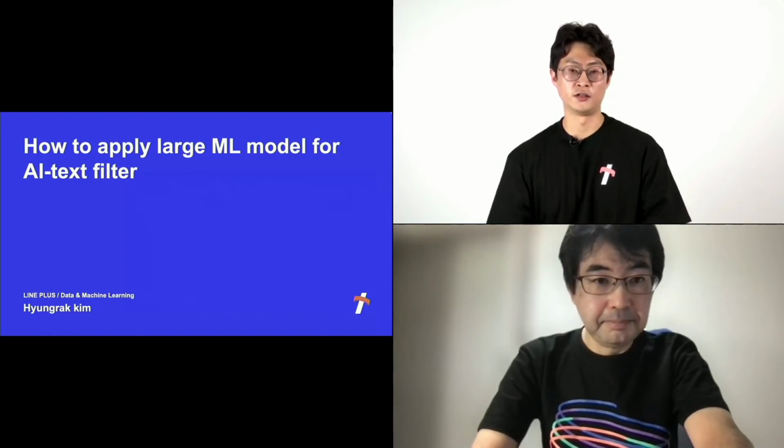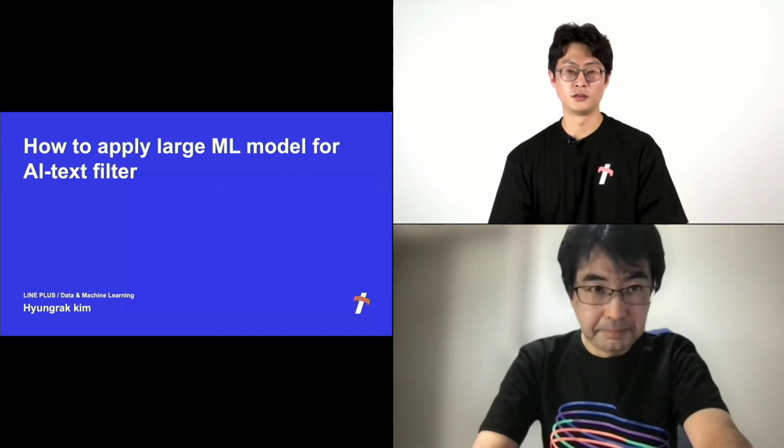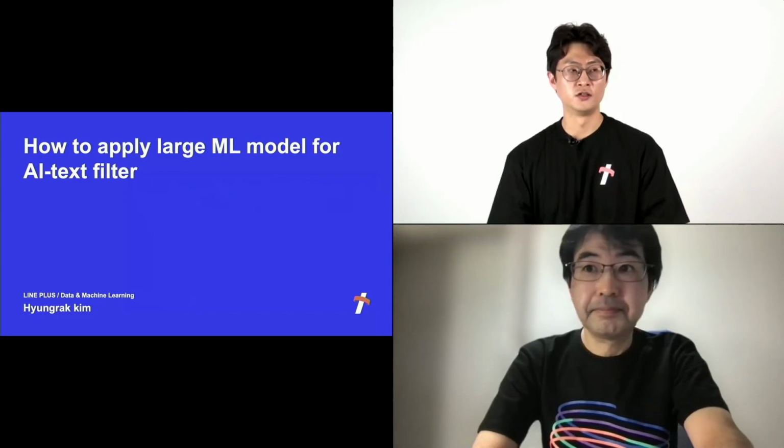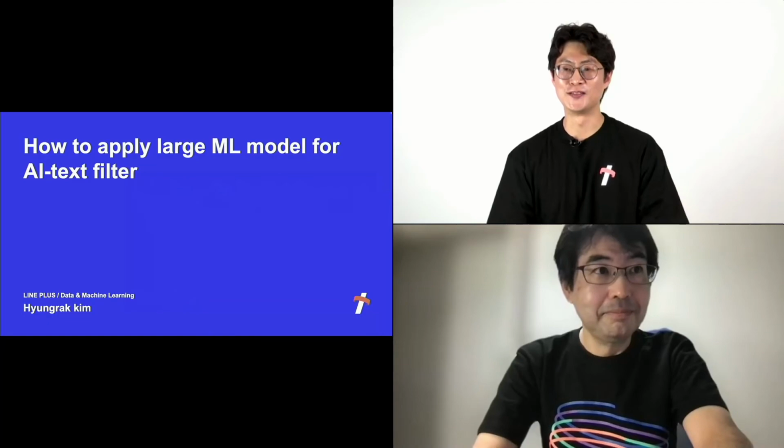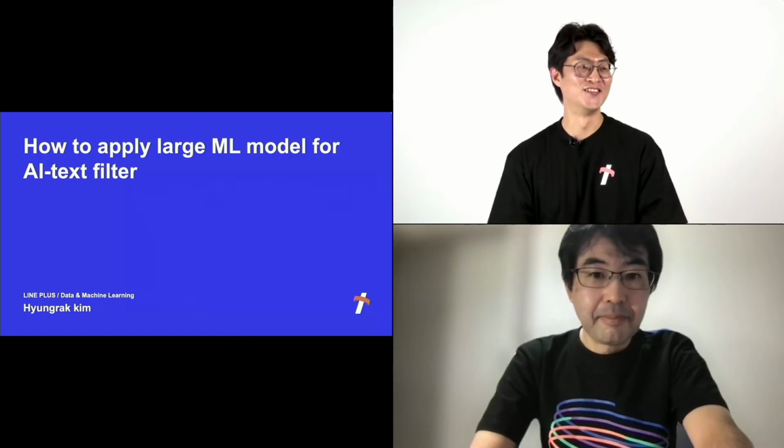So we split that and we did parallelism. So that's one part of the question. And what was the other part of the question? Could you repeat? I forgot.